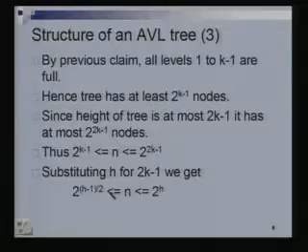Although if you proved a sharper bound, I am coming back to the older bound. The point is, it has an exponential number of nodes, some constant c to the h, an exponential, because that's what gives us the logarithmic height property.